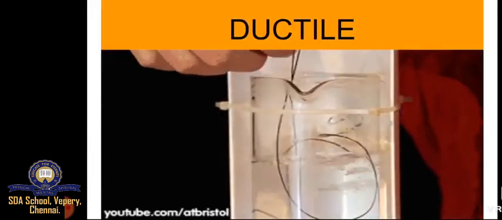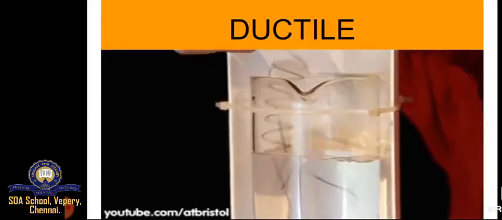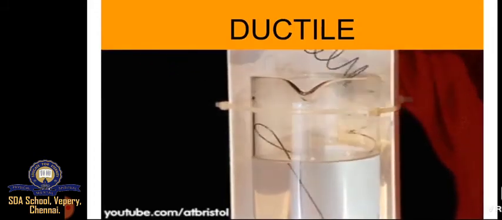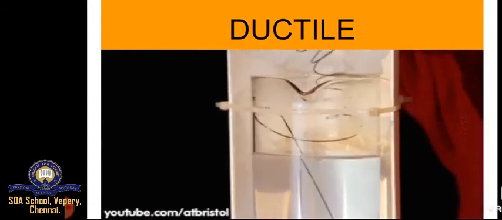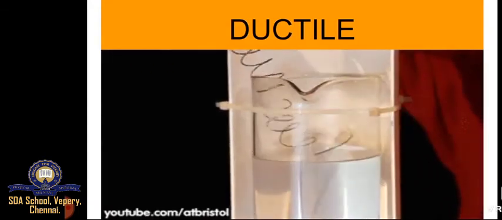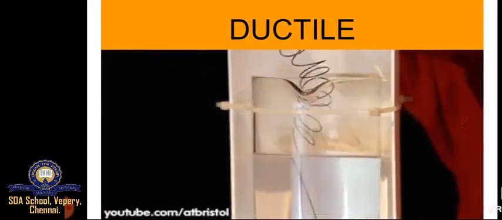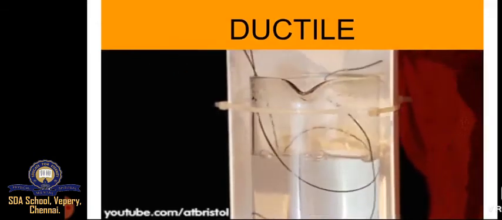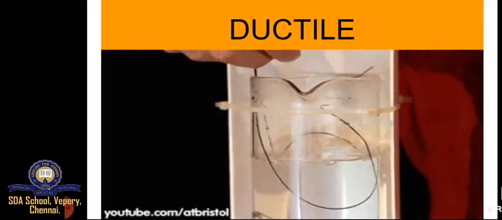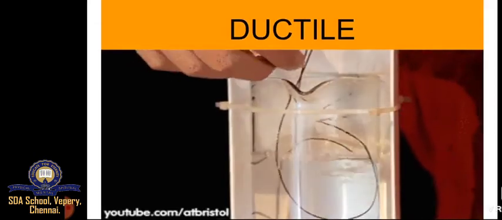Next, ductile. Ductile means drawing a solid metal into thin wires. See this picture, metals can be drawn into thin wire. So this property we call ductile.